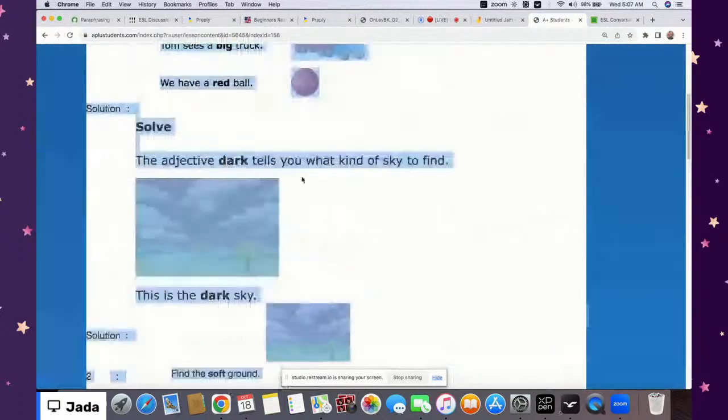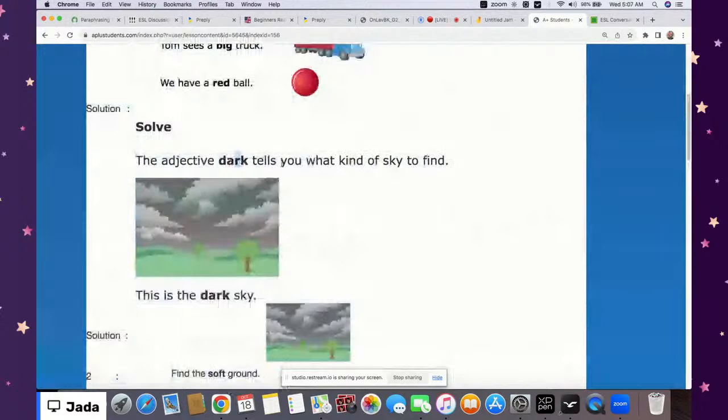So now the adjective dark tells you what kind of sky to find. Now let's say that you say, oh, I can see the sky, right? Look at the sky here. Now, when I ask you what kind of sky can you see, you would say the sky is dark. Okay, you see dark here.